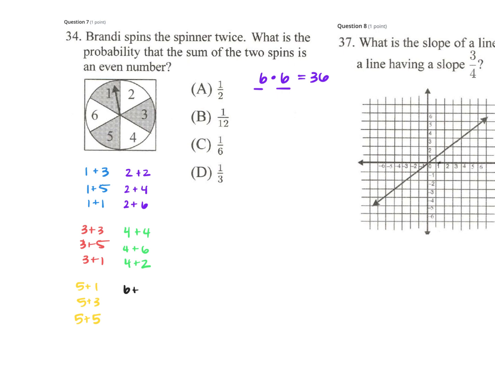And then if I land on a 6 first, my second spin needs to be a 6, a 2, or a 4. So I'm getting a total of 3, 6, 9, 12, 15, 18 out of the 36, which simplifies to 1/2.